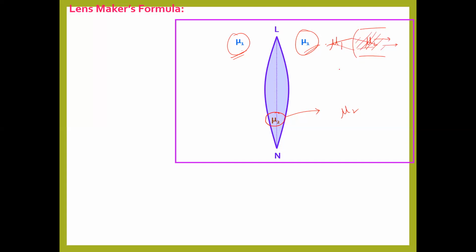But here we can think that this is a part of one refractive medium like this, and another one like this, and these two combined make a material like this. That means it's a lens. It is not necessary that the shape of the lens is always like this.